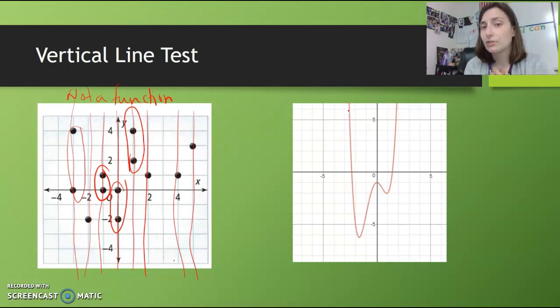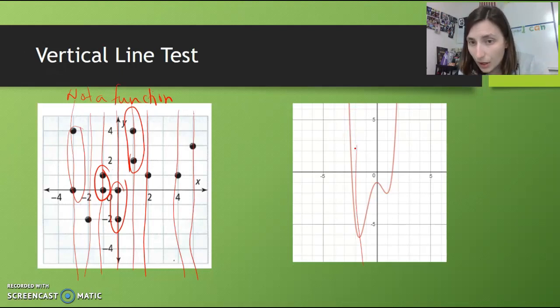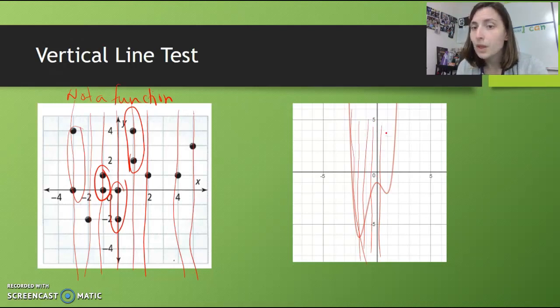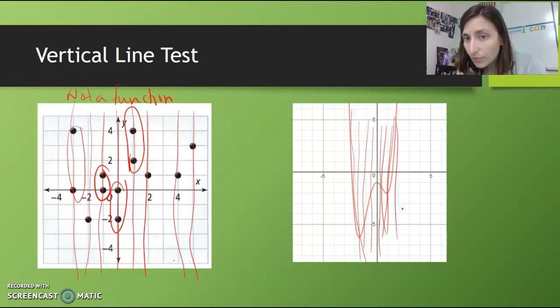Now when I look over here, even though this looks like a straight line, it's most likely just because of how I zoomed out so that we could see. And again, I told you these vertical lines are not going to be great. But as I move my pencil across, trying to draw vertical lines, I am noticing that I am not crossing my graph more than once.